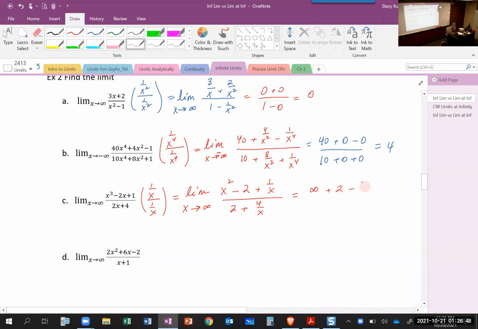Plus 2 minus 0. Minus 2, sorry. Minus 2 plus 0. All over 2 plus 0. Well, infinity minus 2 is still infinity, right? Over 2 is still infinity. So it's infinity. Okay, you do the next one.